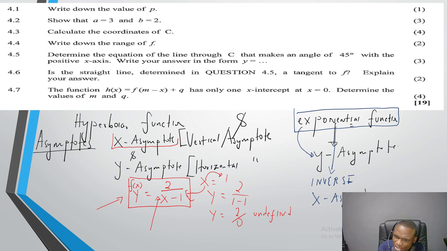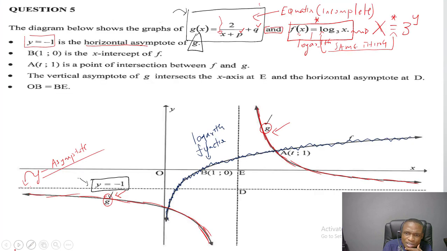That is the x asymptote. It means that this function f is not going to have the horizontal asymptote. I'm sorry guys if I said this function f will have the horizontal asymptote, because it's the logarithm function. It's not the exponential. So its asymptote is going to be the x asymptote, which is a vertical asymptote.